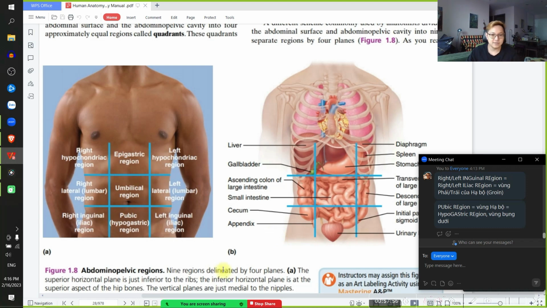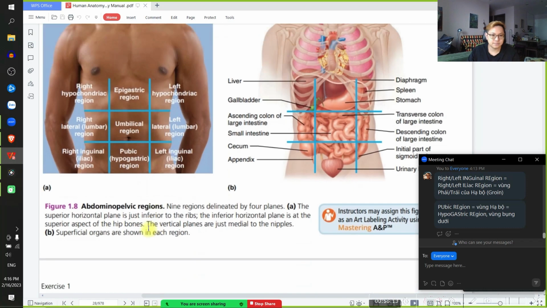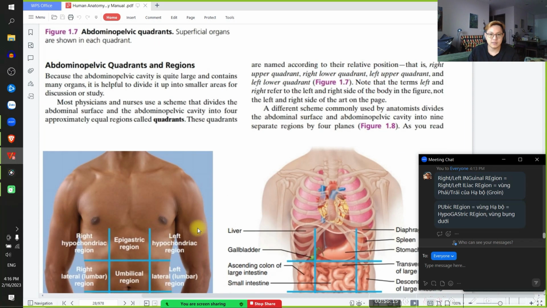The vertical planes are just medial to the nipples. Thì những cái mặt phẳng dọc này là medial, tức là nó gần với cái trục giữa hơn so với những cái núm vú. Anyway.